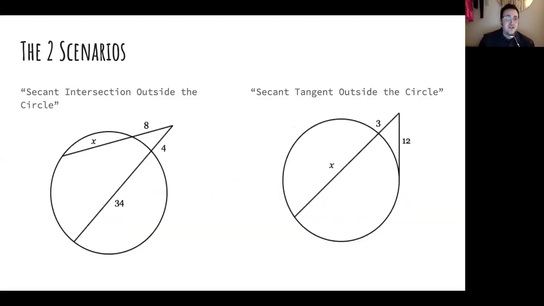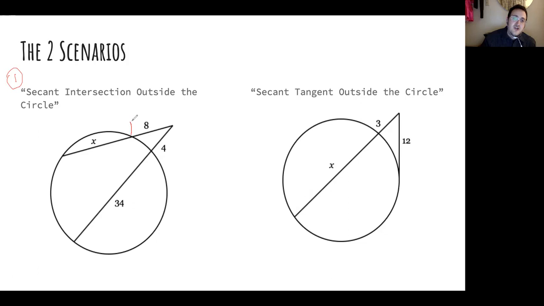All right, so you're going to see two cases today on Delta Math. Case one is a secant intersection outside of a circle. The solutions on Delta Math are going to guide you into the initial setup that is pretty consistent.